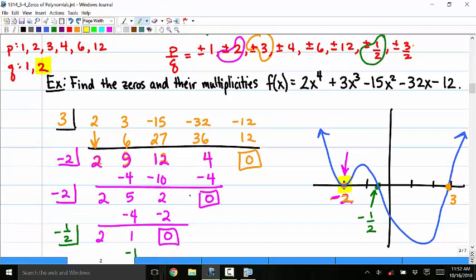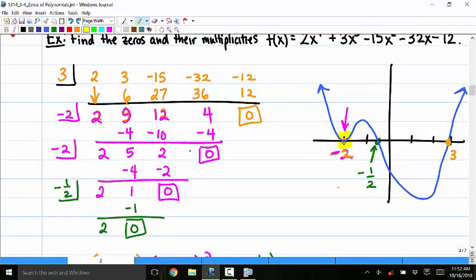And I actually really cheated because I saw the graph of it and I saw that negative 2 came out twice. So by hand, I showed that 3 was a 0. I showed that negative 2 was a 0 twice. And I showed that negative 1/2 was a 0.